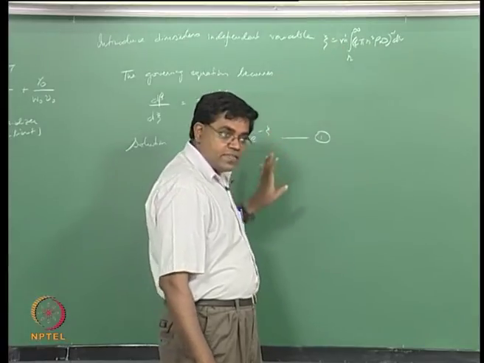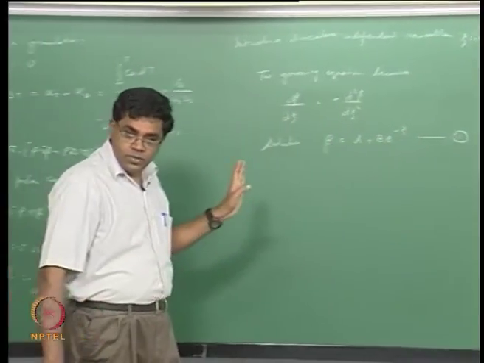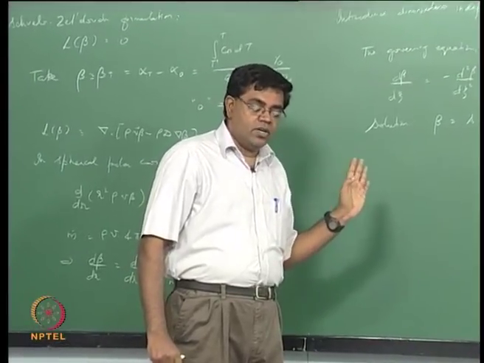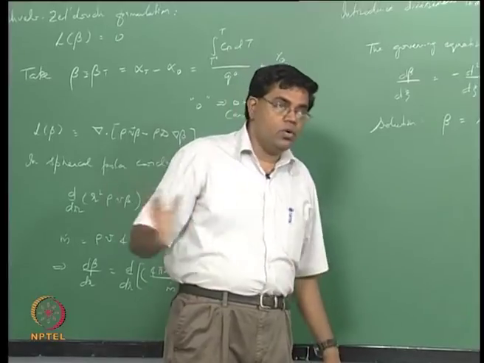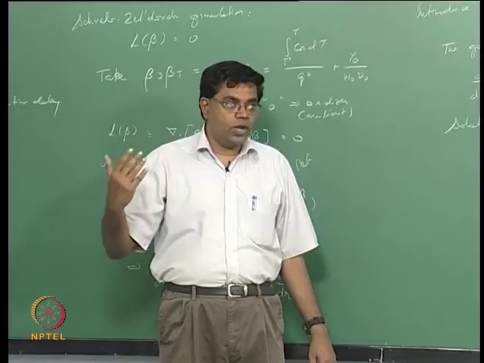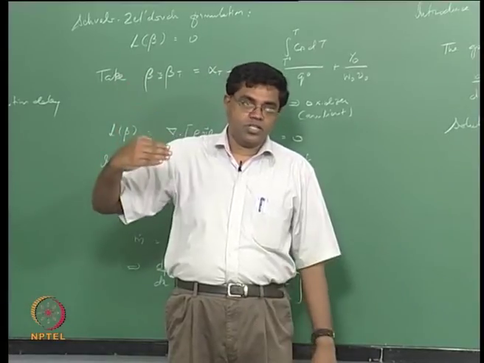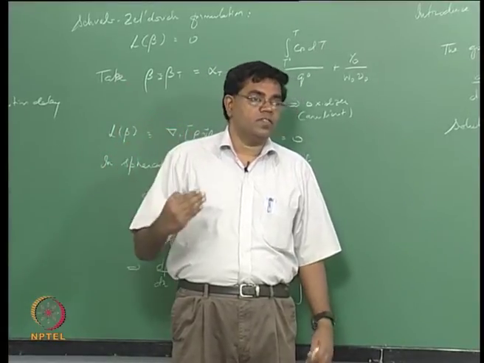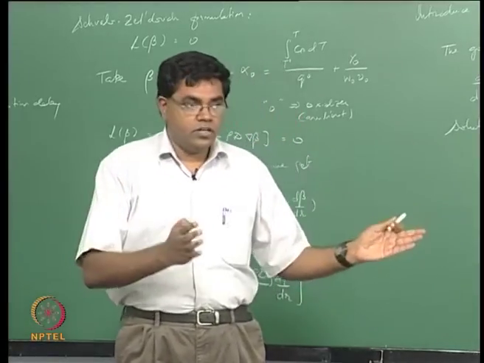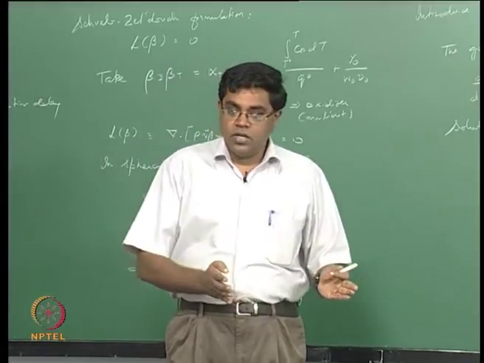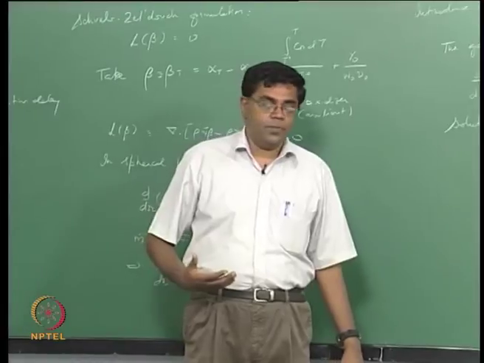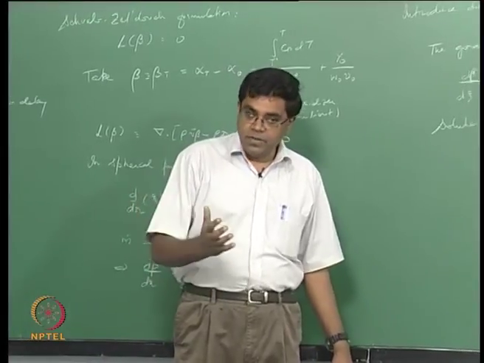Okay, so in that sense this is kind of like an eigenvalue problem, and as I said, it's very similar to the premix flame problem, where we did not know the propagation speed, and that was an eigenvalue in that problem. In order to evaluate that, besides applying boundary conditions, we also applied an interface condition between two regions, the preheat zone and the reaction zone, and the interface condition was the one that actually fetched us the eigenvalue, namely the flame speed.